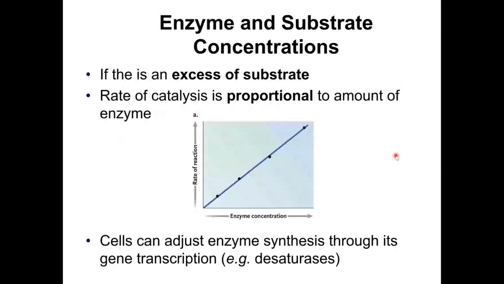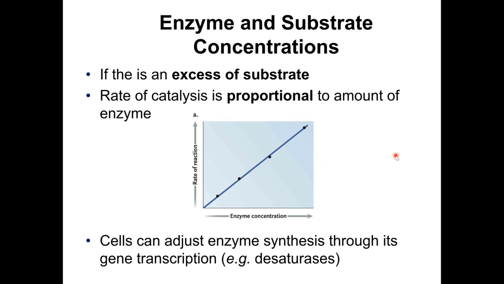First thing, concentration of enzymes. Now, assume you have a reaction, A converted into B, under the control of this enzyme E. Imagine you have an excess of substrate, so much substrate that you'll never run out of it.